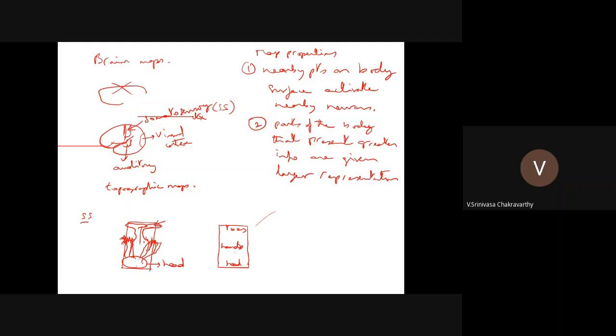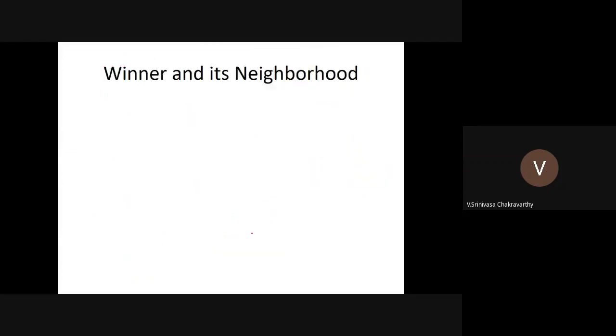So the amount of area in the map that represents a given part of the input depends upon how much information is there in that part of the input space. Secondly, nearby points in the input are mapped onto nearby neurons in this map. So how do you represent that here? In this artificial map, which is called the self-organizing map, or SOM, there is a set of neurons. It's a 2D array of neurons.